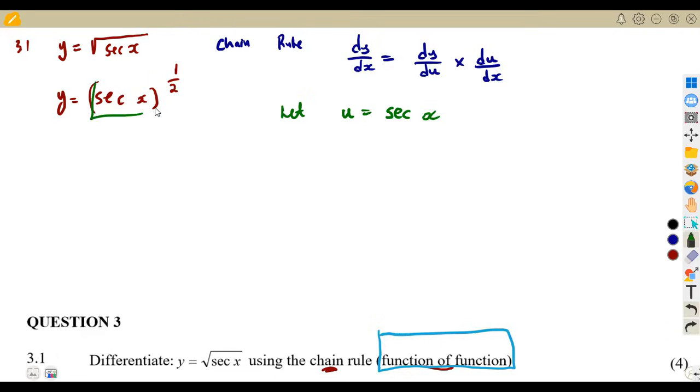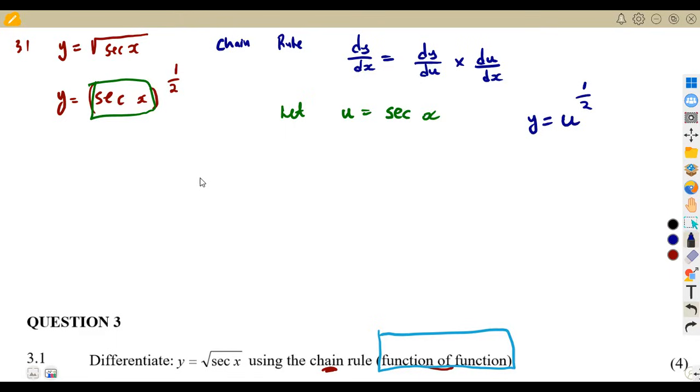This part, we are not going to have the way it is written here. We are going to have this sec x now represented by u. So we are going to have y is equal to, in place of sec x, substituting with u, which is the function representing the sec. So we have u to the exponent of a half.